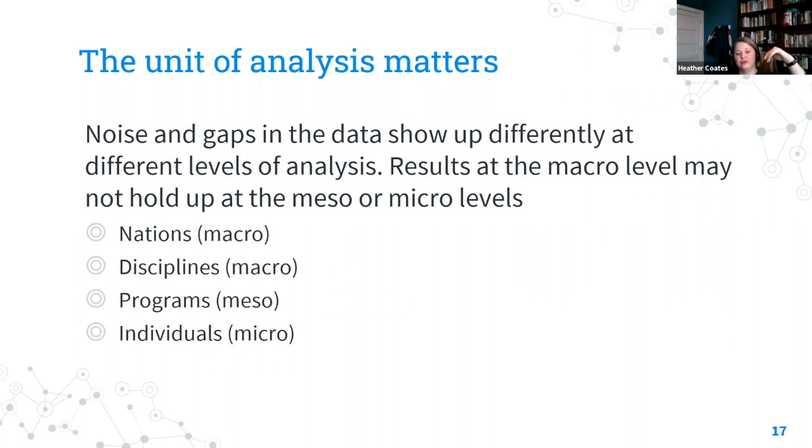While the bibliometric data might be robust enough to conduct studies of national or disciplinary patterns, there may be gaps that affect the validity of that same data to analyze disciplines or programs or institutions. This is particularly true for data at the level of individuals. In fact, many bibliometricians caution against using metrics to evaluate individuals. These are the statisticians who know the data well, and they recommend lots of caution and careful use. That's something that we'll be talking about later.